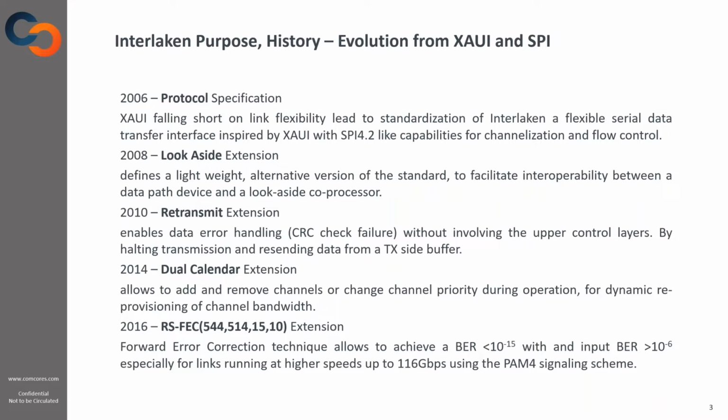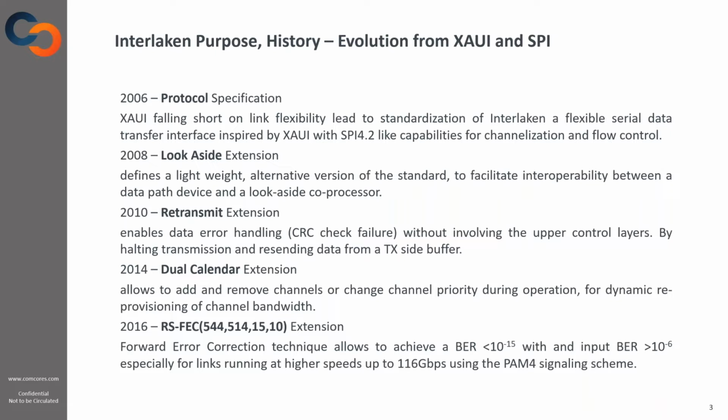So Interlaken can support multiple channels, so data is interleaved from different sources onto the same links, and it has some pushback features for doing flow control, but also uses high-speed serial lanes, so it minimizes the amount of pins that are required to transfer the data.